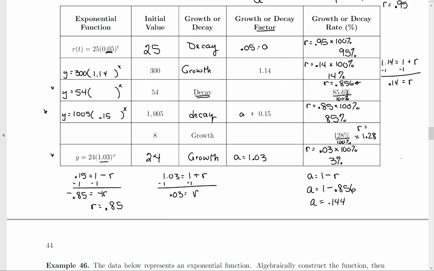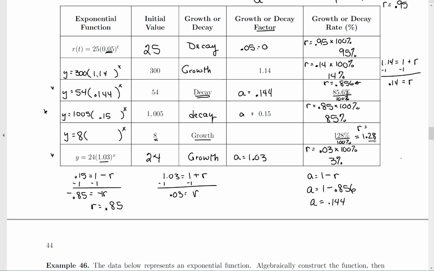Now A is not a percent. A is whatever it comes up, that's A. So in this case our A is 0.144, which makes sense because this number had to be a number less than 1 because it's a decay question. So in this next one here, my C value is 8. I'm looking for A. I know it's a growth, so that number is going to be bigger than 1.